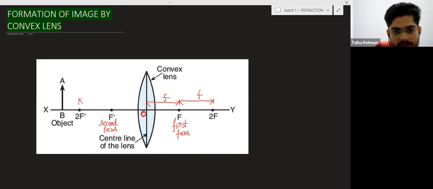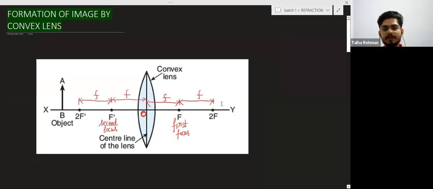And this thing is very, very important. This 2f. Got it? The distance from the optical center to f is this small f. The distance between this f and this 2f is this small f. And this distance is f, and this distance is f.